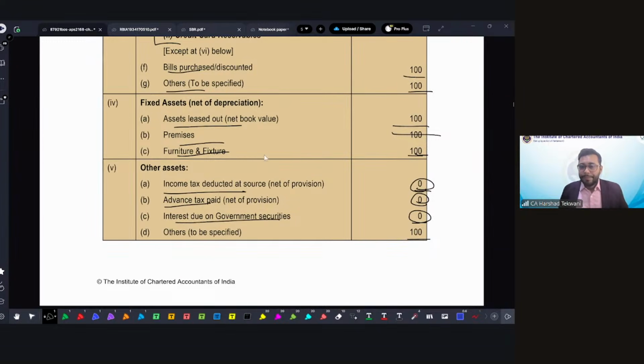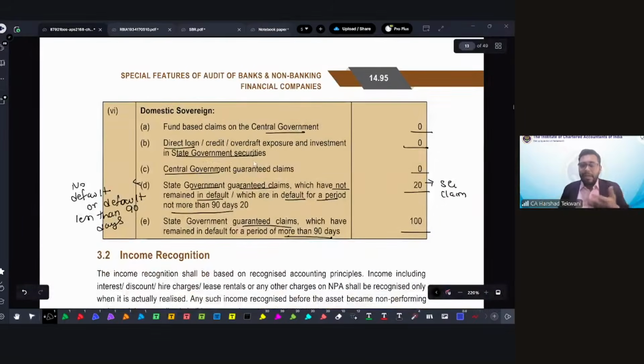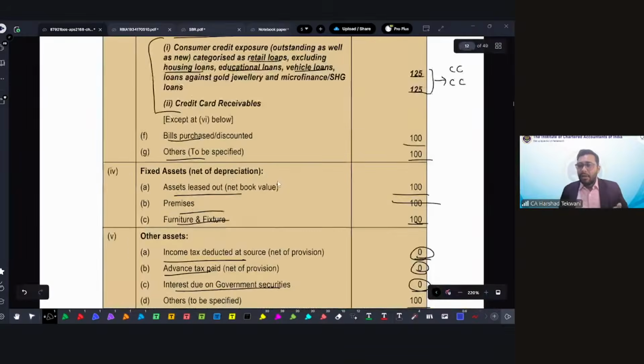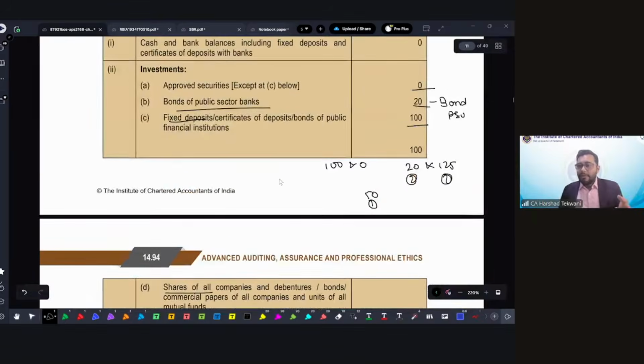But otherwise, everything is either 100 or zero. There are two categories of 20, two categories of 125, one category of 50. That's it. This is PPP. 125 is CC. And these 22 are your state government claim and bond of PSU. That's it.